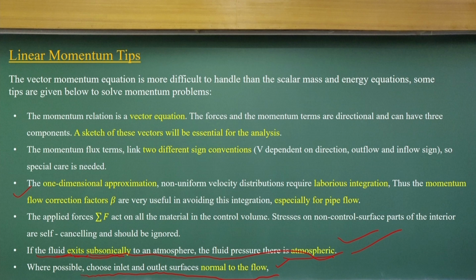We do not consider integrations of that; instead, we consider the distribution of velocities, compute the momentum flux correction factor for that type of flow, and use that correction factor and the average velocity to compute the momentum flux going through a control surface where the velocity distribution is not uniform.